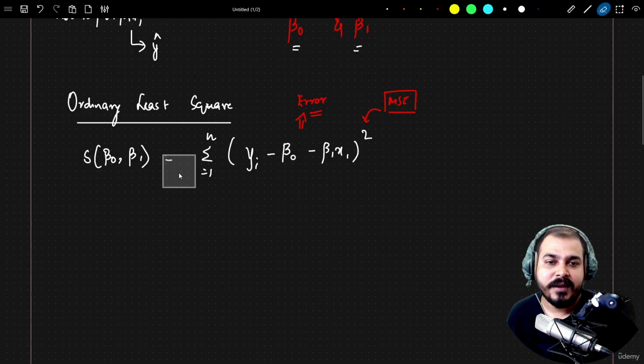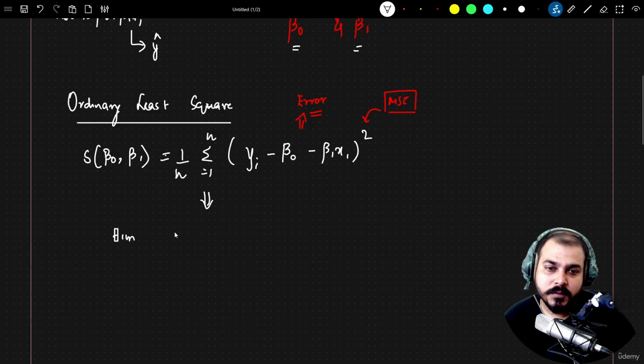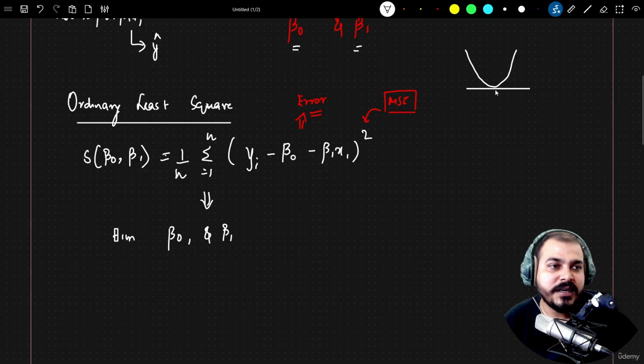So this will be 1 by n, y of i minus beta 0 plus beta 1 into x1, whole square. Now in ordinary least square, the aim is we need to calculate beta 0 and beta 1, and obviously we'll try to derive the formula through which they can be calculated. Before I talk about this, in gradient descent also we find the derivative with respect to every coefficient, and we try to come to the global minima.